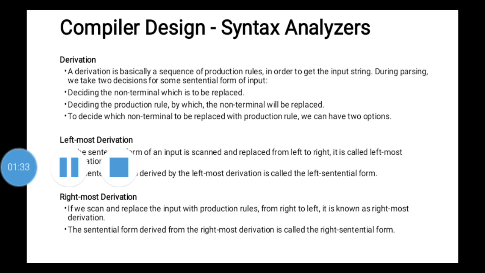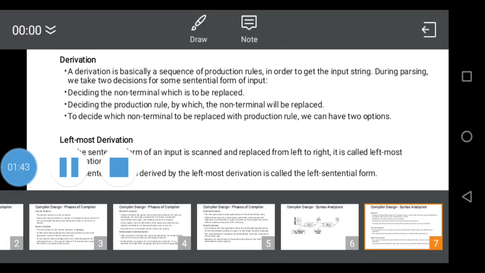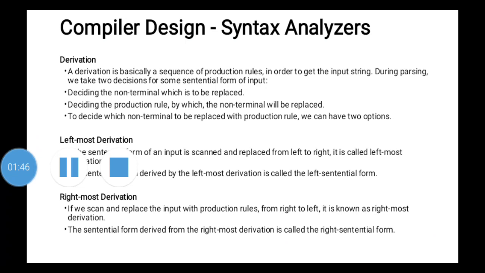The main thing you're doing in grammar can be put into three steps: deciding the non-terminal which is to be replaced, and deciding the production rule by which the non-terminal will be replaced.